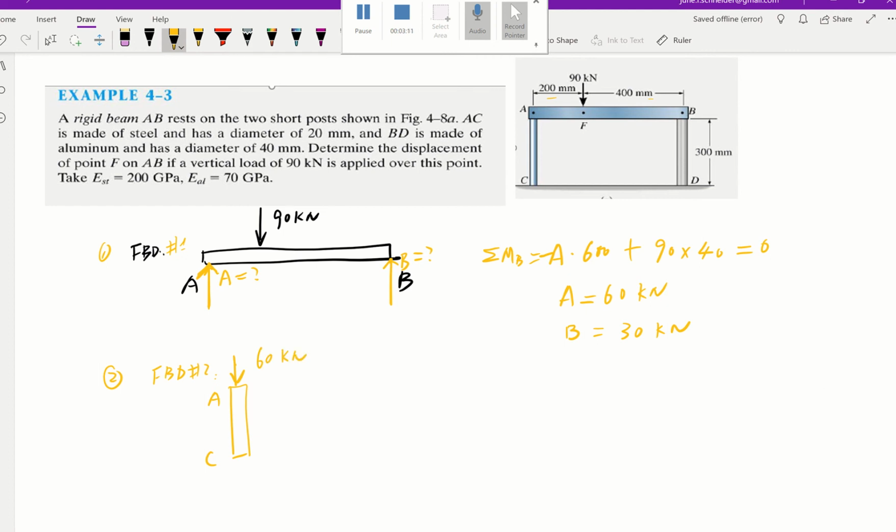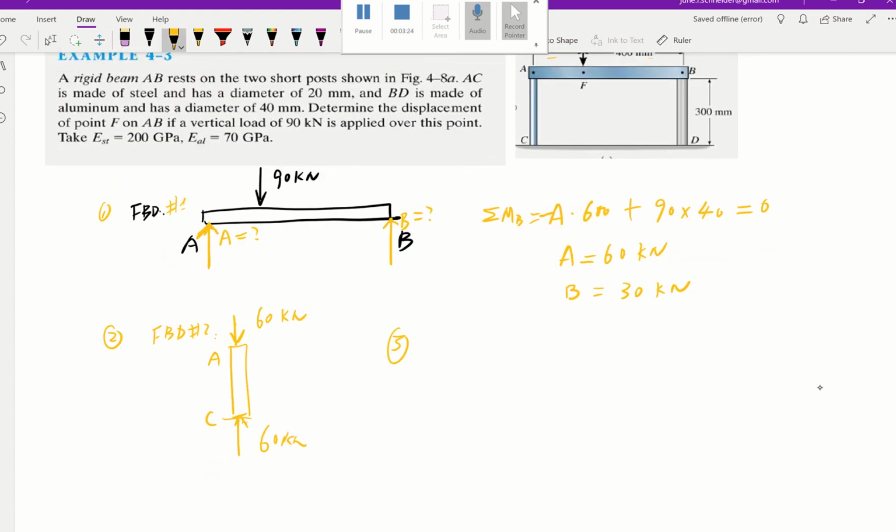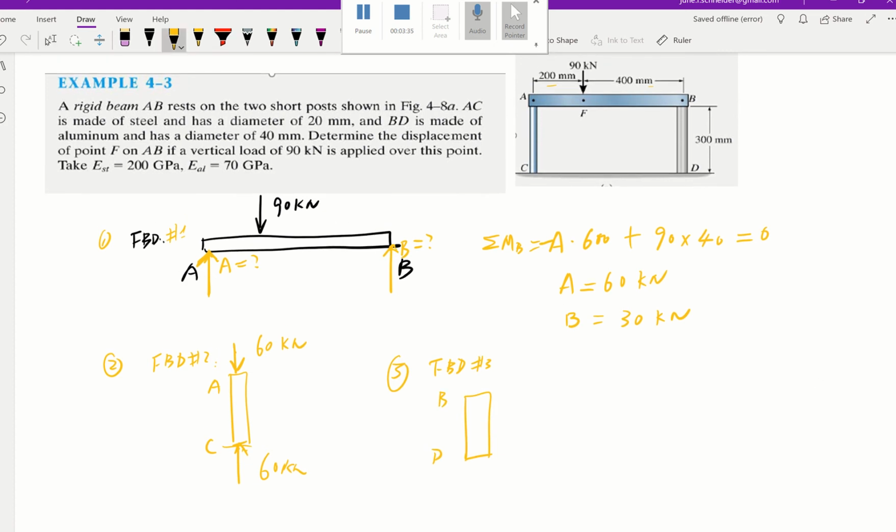At C, the normal force from the ground will be 60 kilonewton. Then you can quickly do FBD 3 for our BD post. It's a similar situation: at B there's a reaction of 30 kilonewton pushing up, so AB pushes BD downward with 30 kilonewton, and at D it's supported by the ground with 30 kilonewton.